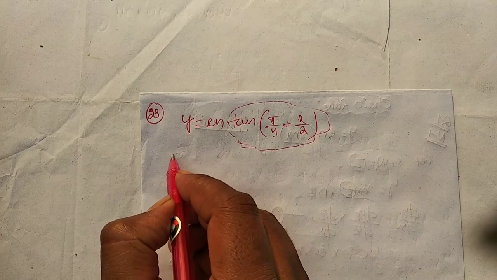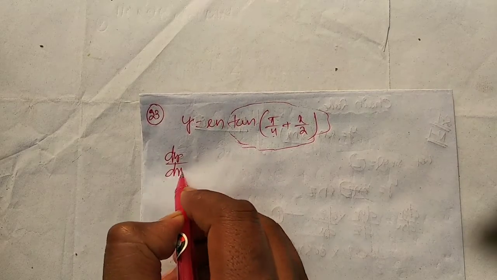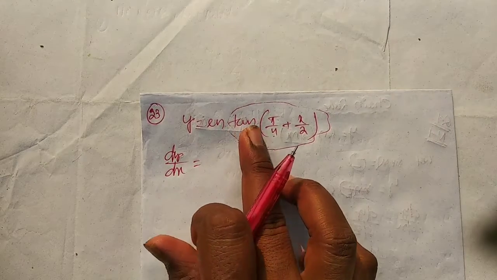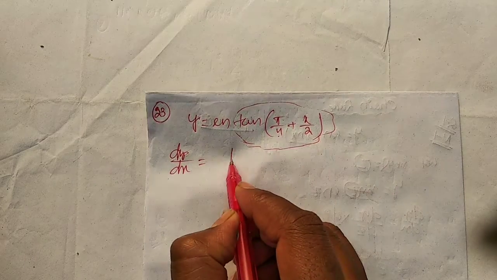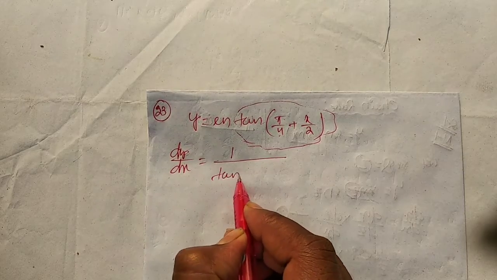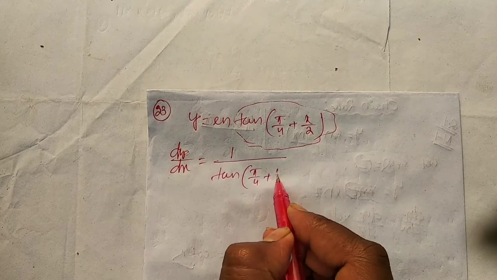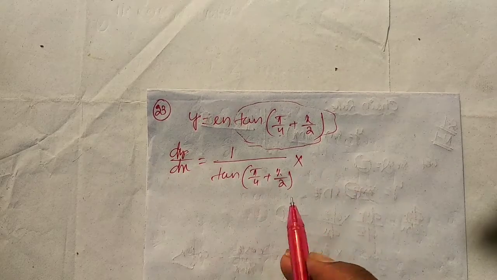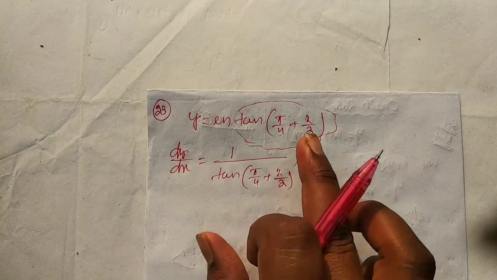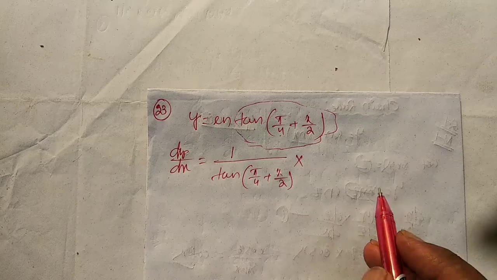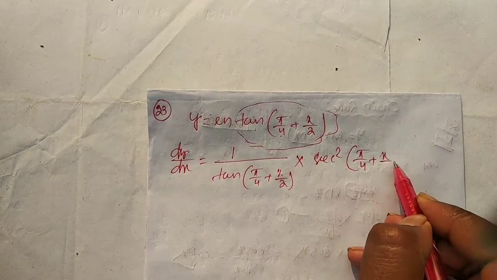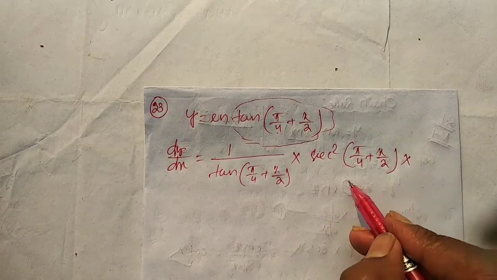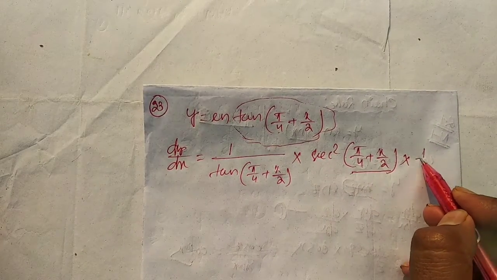So 3 times we have to apply the chain rule, and that means dy by dx will be derivative of ln tan of 5 pi by 4 plus x by 2 with respect to tan, which is 1 by tan of 5 pi by 4 plus x by 2, into derivative of tan with respect to 5 pi by 4 plus x by 2, which is sec square of 5 pi by 4 plus x by 2, into derivative of this quantity with respect to x, which is half.